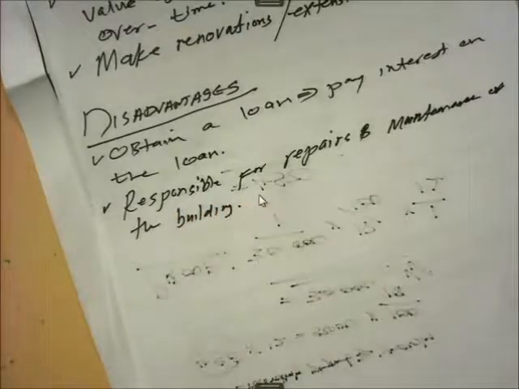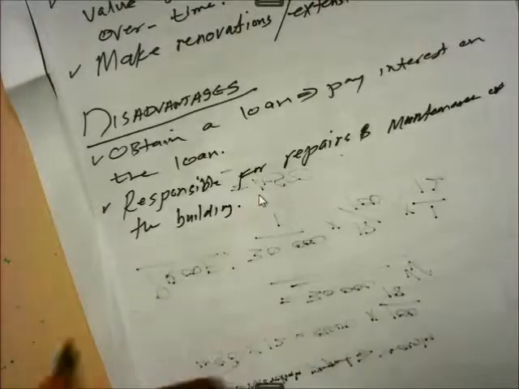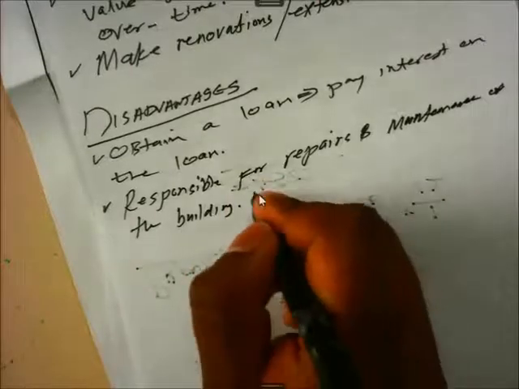You have to maintain it because now you own the building. It is your responsibility to make repairs when there are structural damages to the business. I think this one is straightforward.